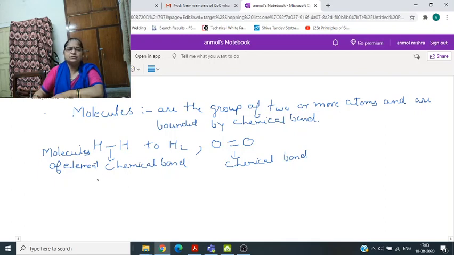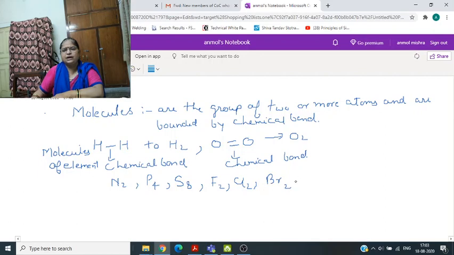So hydrogen, oxygen, nitrogen, then phosphorus, then sulfur, fluorine, bromine, iodine. So these are molecules of elements. Now second is atomicity. I have already told you, no need to repeat it.